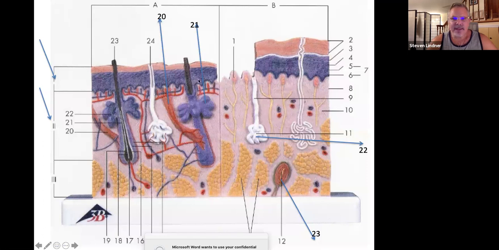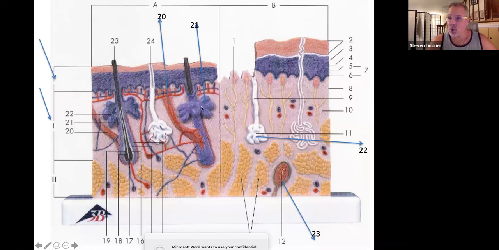Okay, let's look at number 20. What is this right here? Number 20. Erector pili. What's 21? Right here, what's 21? Sudoriferous gland, which is the oil gland. What's 22? I'm sorry, my bad. Let me go back. Hold on.